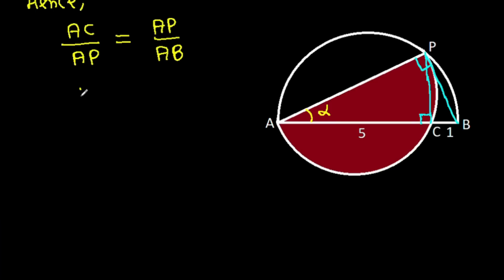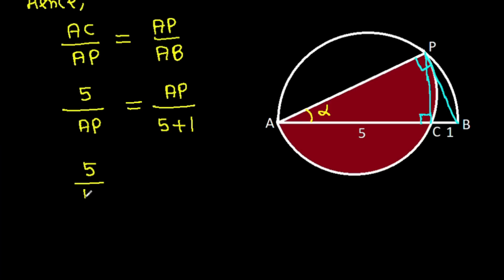AC is 5, so 5 over AP is equal to AP over AB, which is 5 plus 1, so 5 over AP equals AP over 6.